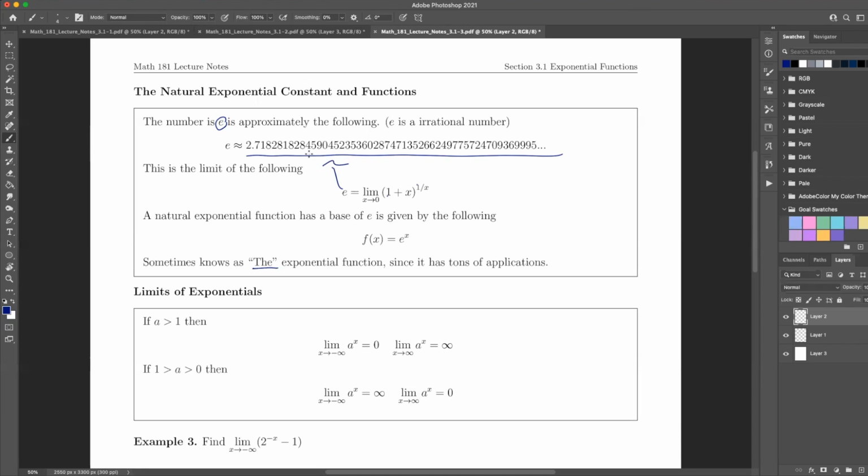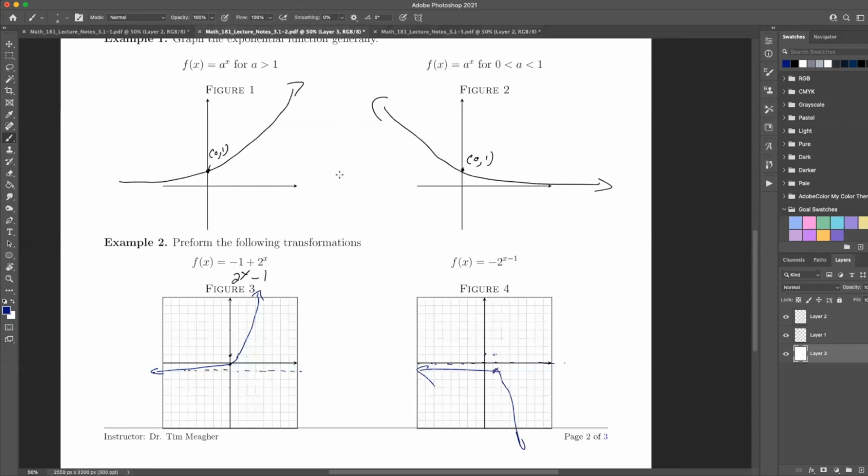The graph of this is exactly like one of these graphs, since it's 2.7, so it's greater than 1. We will not be dealing, as far as I know, with the case when your base is not positive, because if it's not positive, it gets weird, right?